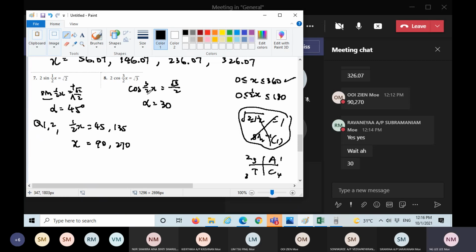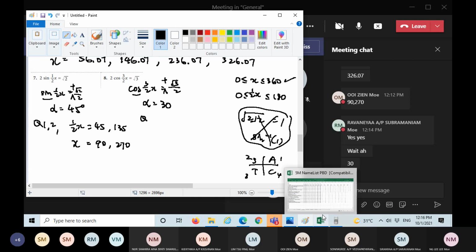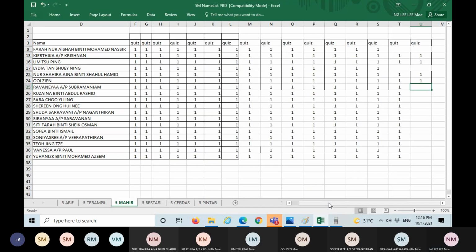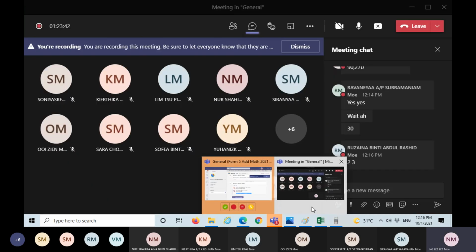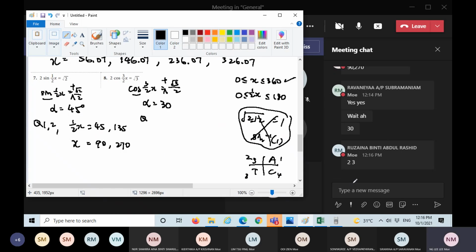Okay, now we come back to this. Cos is positive. Okay, so in which quadrant? Rosanna? Because positive.